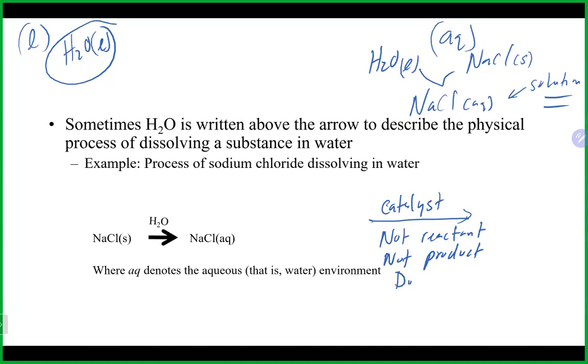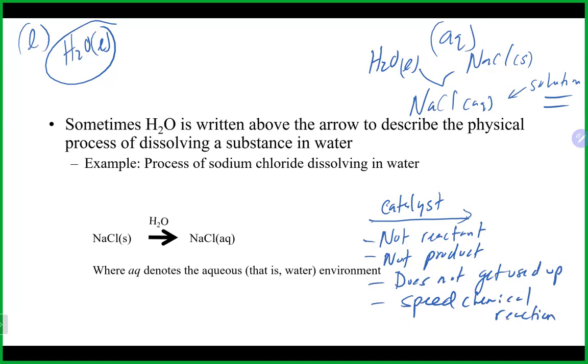It does not get used up in the reaction. Typically, a catalyst is there to speed up the chemical reaction. Now, there are catalysts that can slow it down, but most people, when they talk about a catalyst, are referring to it as speeding up a chemical reaction.